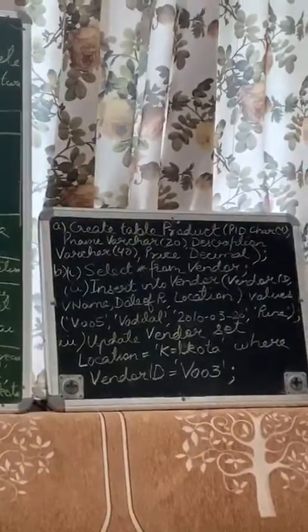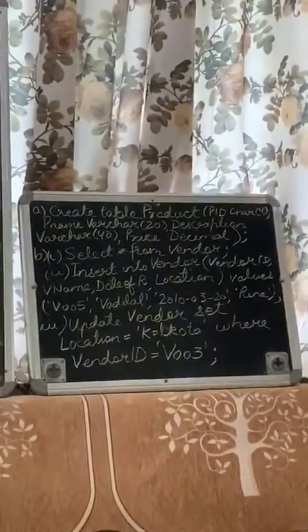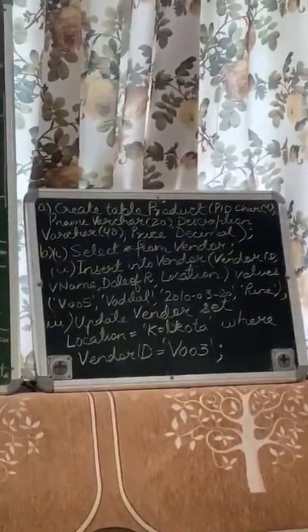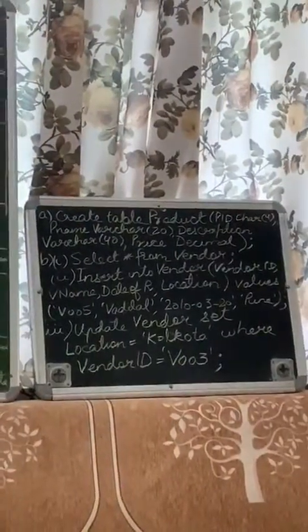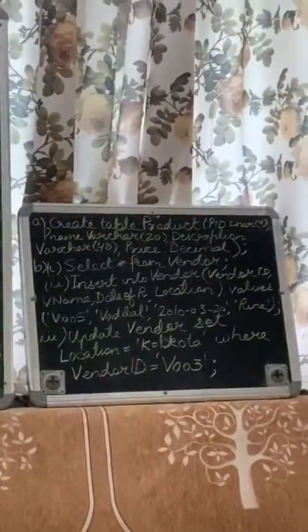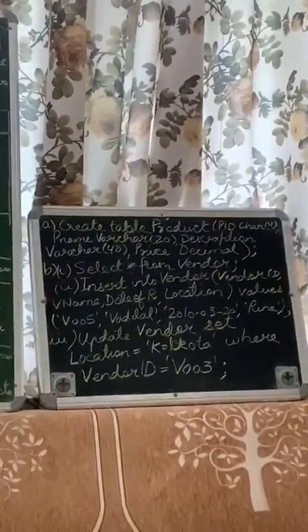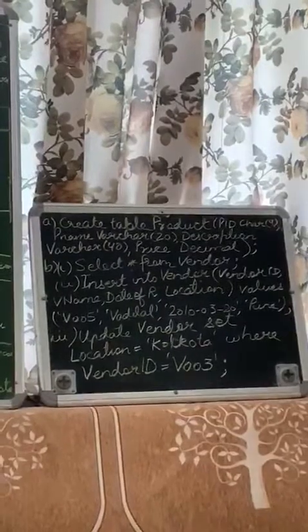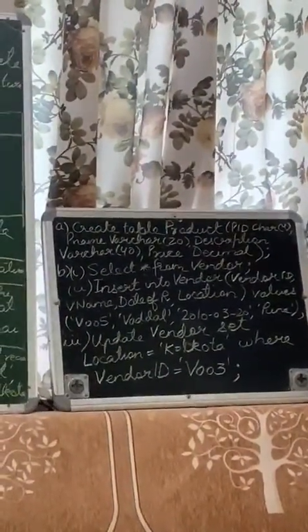That means V004, it's 4, not V005, so it will be V004, comma, in the brackets Vadilal, then comma, again in the single quotes 2010.03.20, then comma, then again in the quotes Pune. So this way you will be able to write the query for inserting a new row in the table.